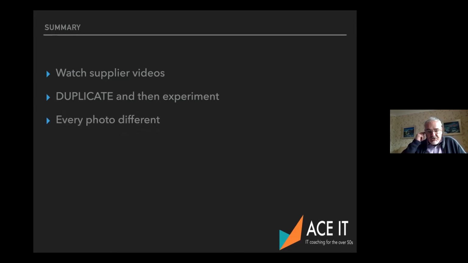Every photo you take is different. It will be of different subjects, different focus, different contrast, different colors. Every phone is different. Even if you're comparing a Samsung Galaxy to the previous version of Samsung Galaxy, they will have different results taken of the same thing.